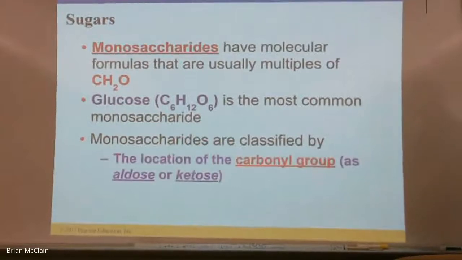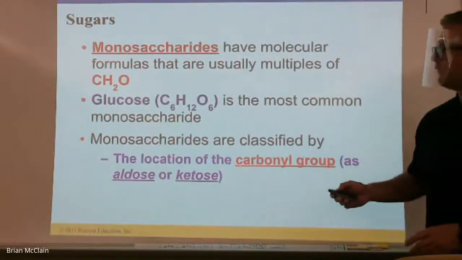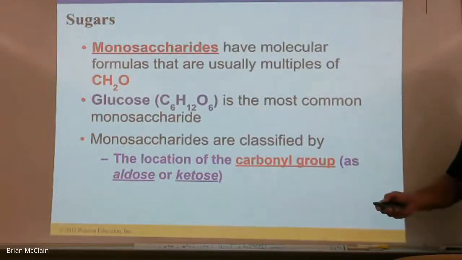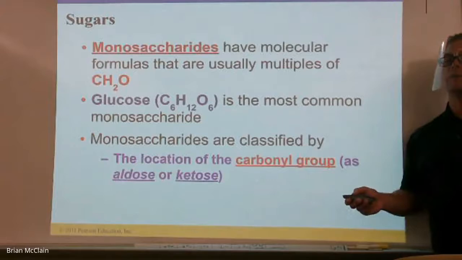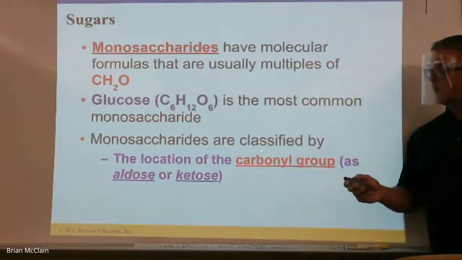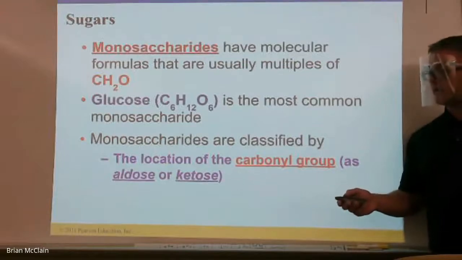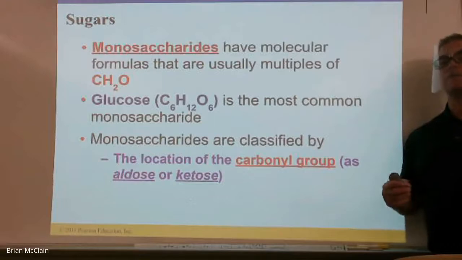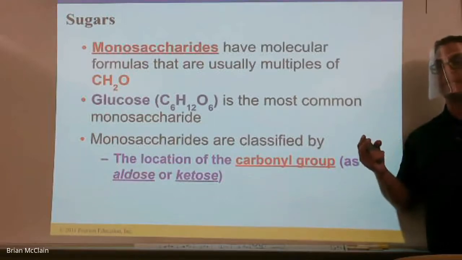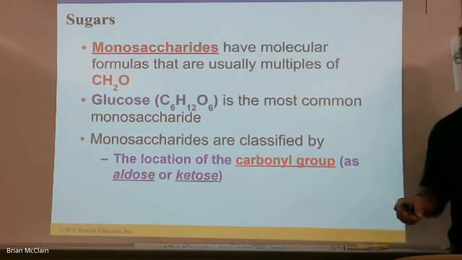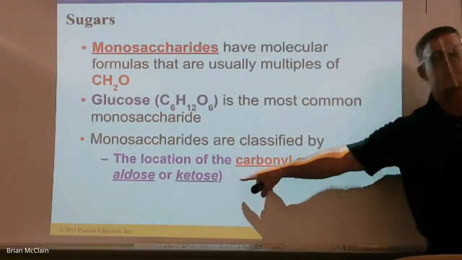So one of the things that we are looking for is where are the carbonyl groups. So you might recall from yesterday and from our discussion, we have a carbonyl as a C double bonded to an O, and if it's going to be a ketose, is that double bonded C-O interaction inside the molecule or is it at the edge of the molecule?